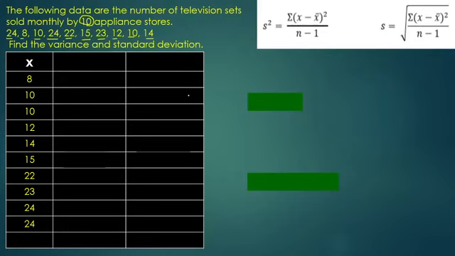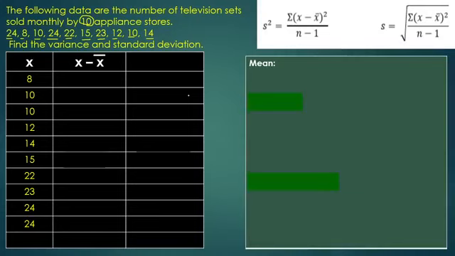Now, what is the next thing that you're gonna do? You need to solve what? Mean. Very good. So, what is the sum of all these numbers? Kini 8, 10, 10, 12, 14, 15, 22, 23, 24, 24.